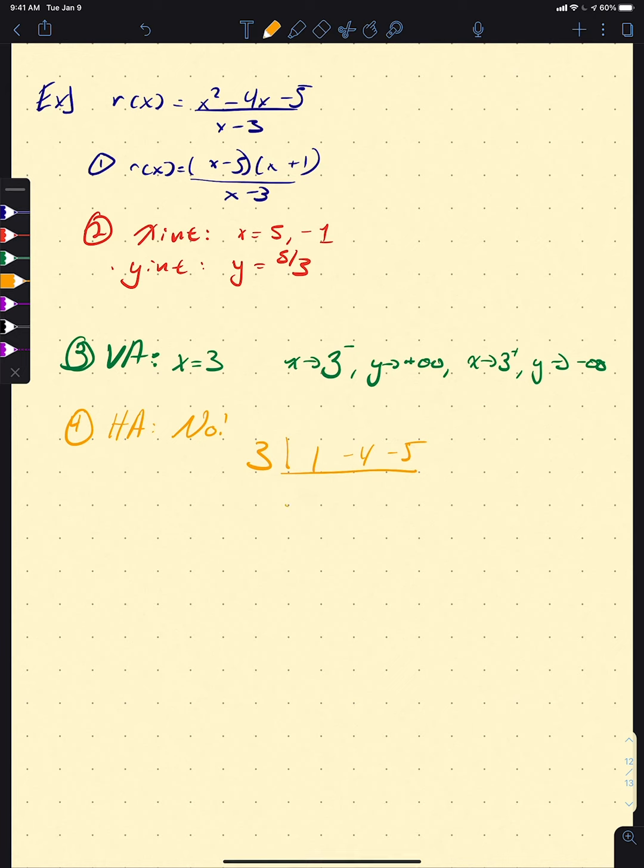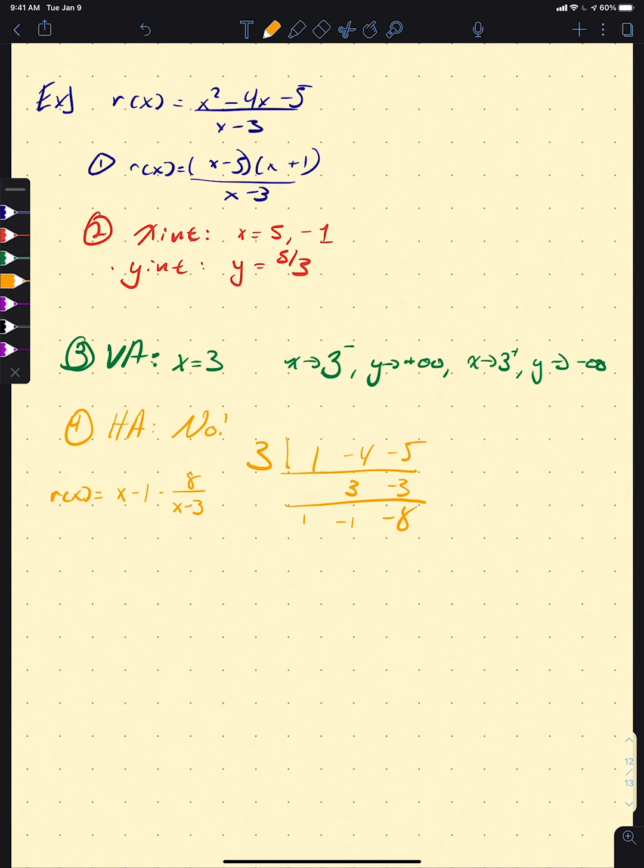And during the synthetic division, we have 1, 3, -1, -3, -8. Okay, so that means that r of x is equal to x minus 1 minus 8 over x minus 3.